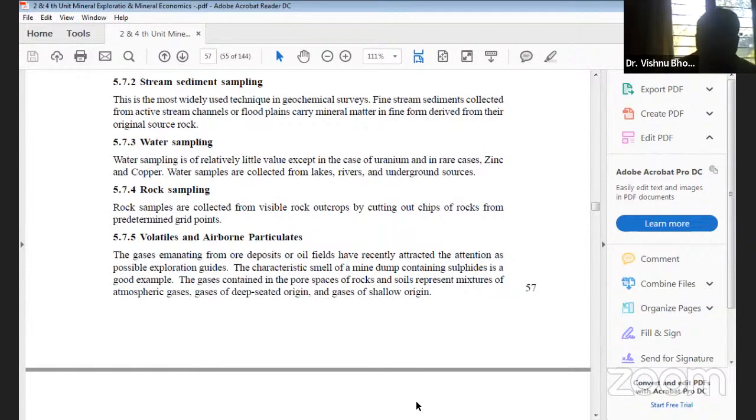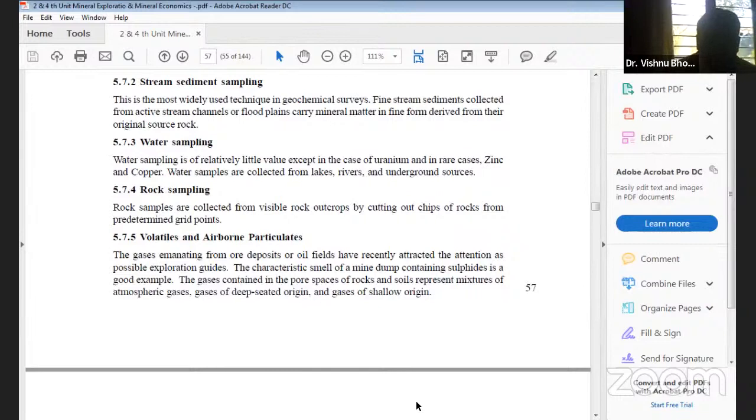Sometimes we may also get volatile and airborne particles, that is, atmospheric gases. These atmospheric gases emanating from ore deposits or oil fields have recently attracted attention as possible exploration guides. The smell of a mine dump containing sulfides is a very good example.